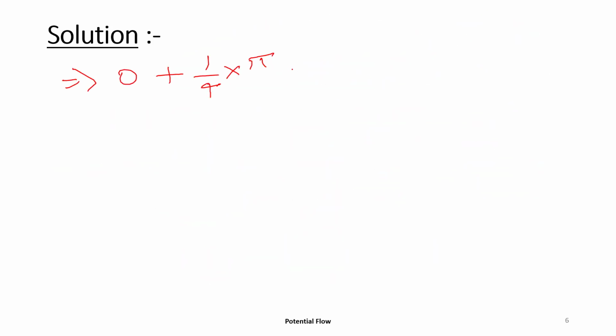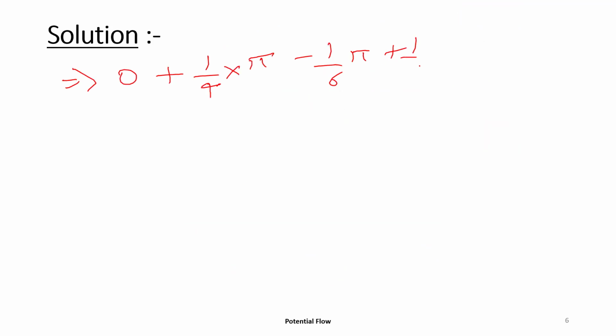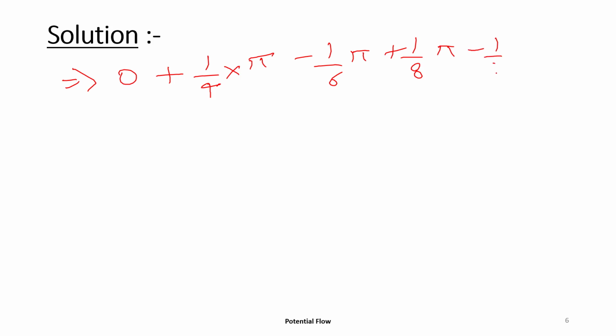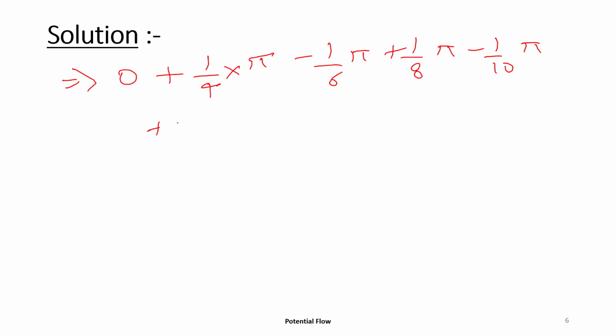The second term will be minus 1 by 6 pi. The third will be 1 by 8 pi. The fourth will be minus 1 by 10 pi. And the last term will be plus gamma upon 2 pi into pi. This sum is 0.